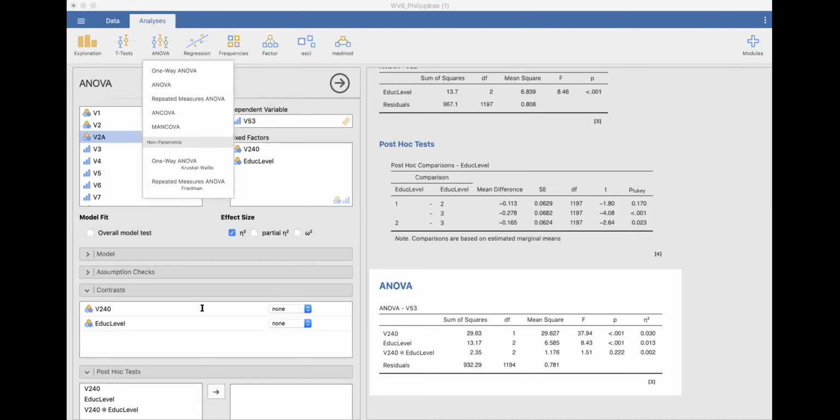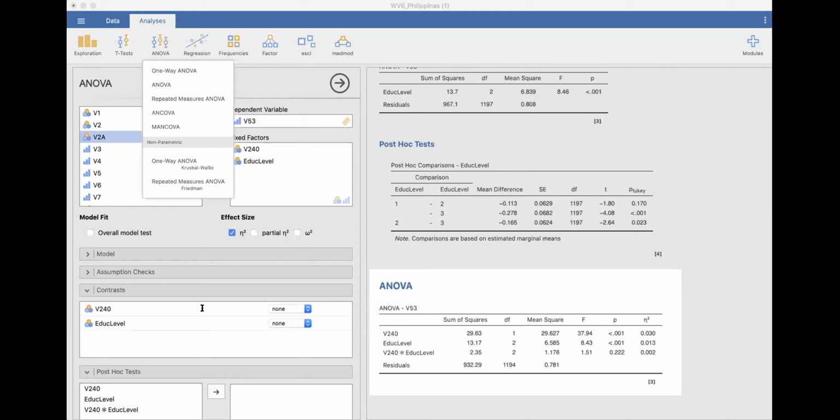The first degree of freedom in the parentheses is the number of groups minus 1, and the second is the population minus the number of groups.